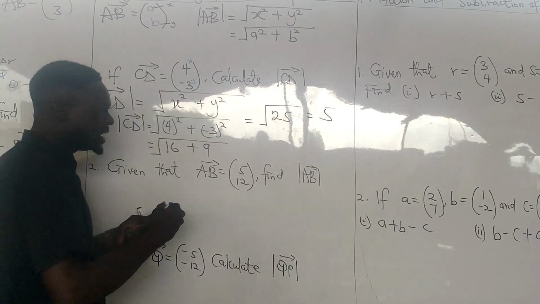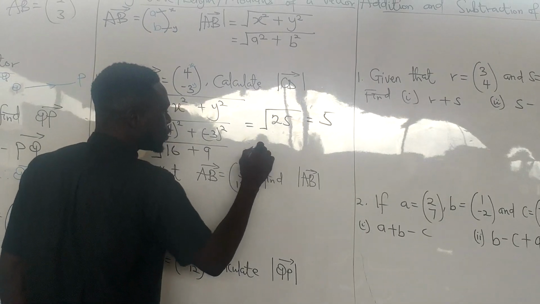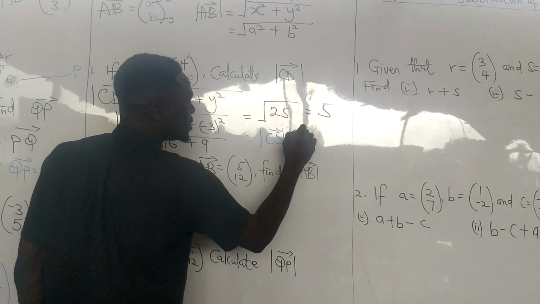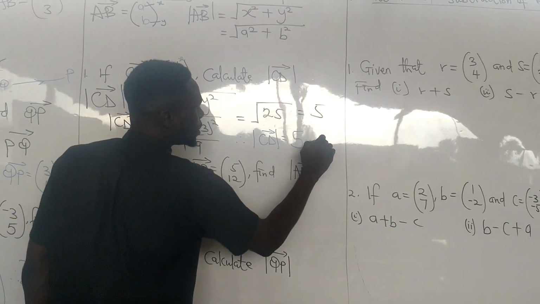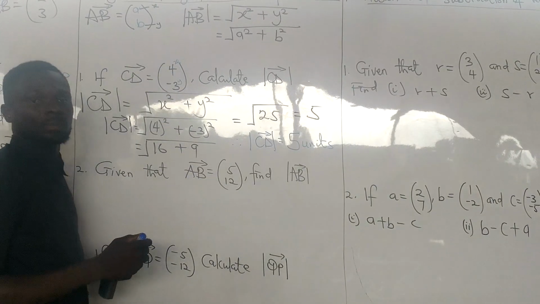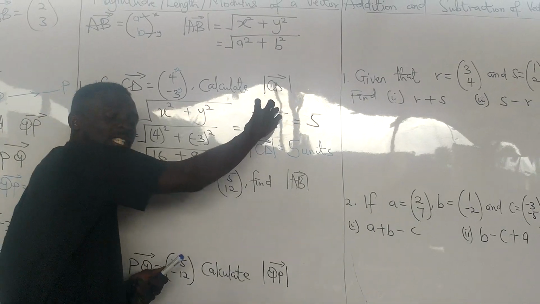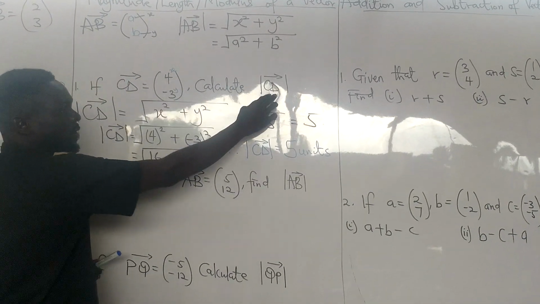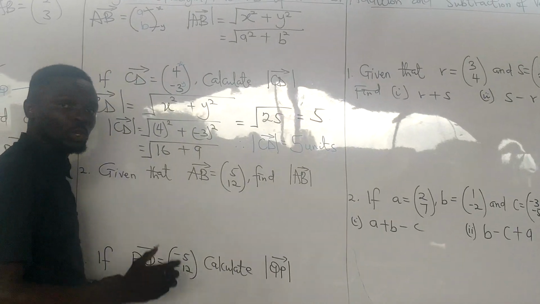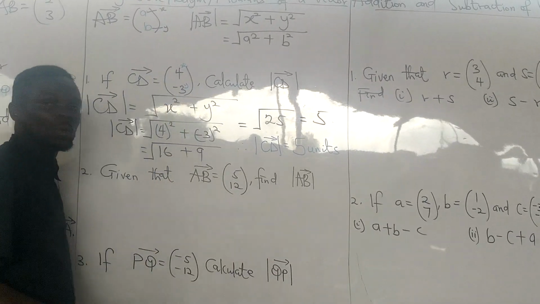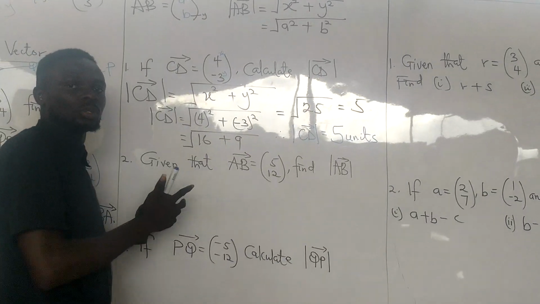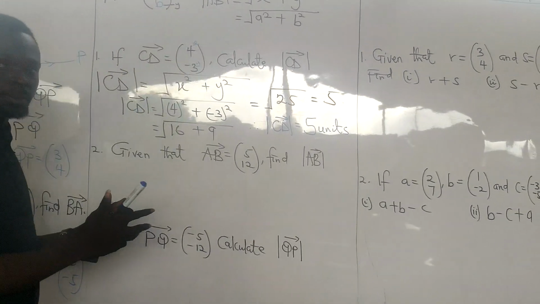So we indicate our answer by saying, therefore, the magnitude of vector CD is equal to 5 units. Because the square root of 25 is 5, the magnitude of this vector is 5 units. We conclude our answer with the units to show that this is the magnitude of the vector.